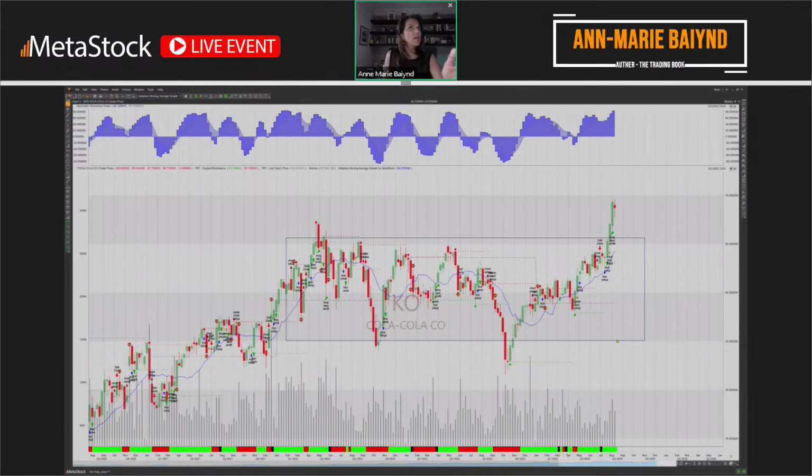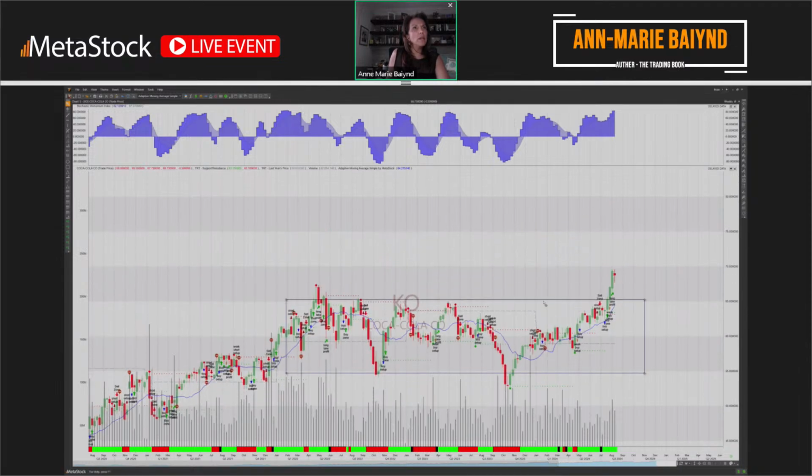But if I'm being nice and easy on the formation, maybe I use this one and it gets me close enough. The doubling of that from 55-ish to 65, right? That's $10. And so we're looking at potentially 75 here on the breakout above this area.